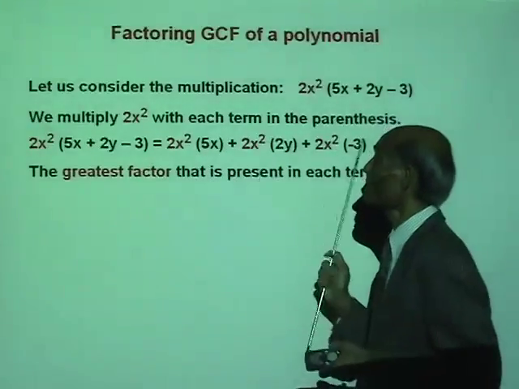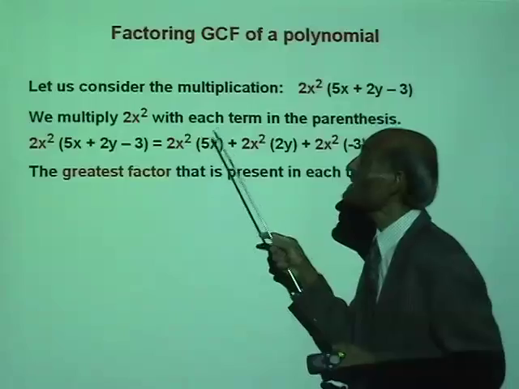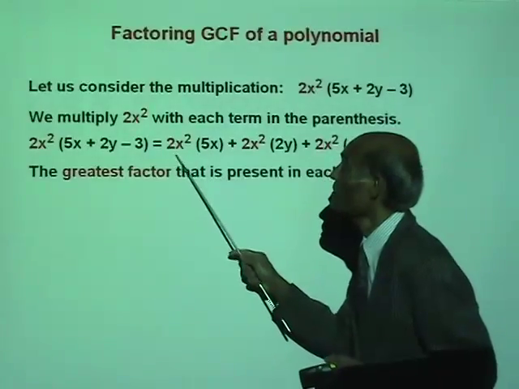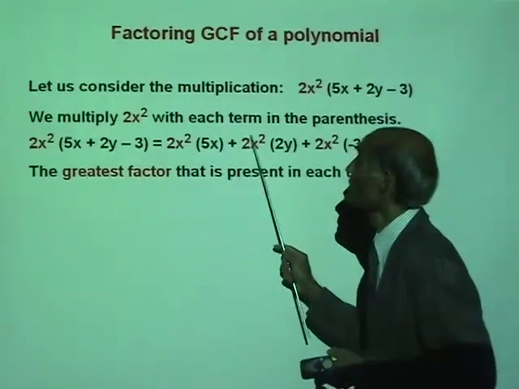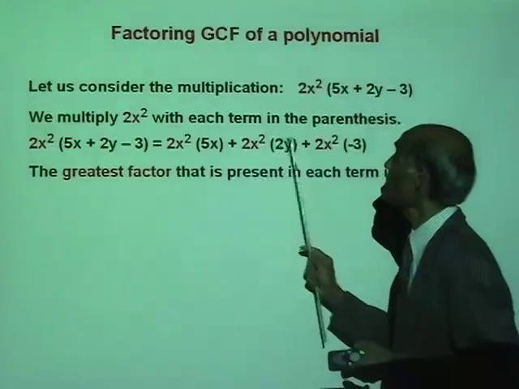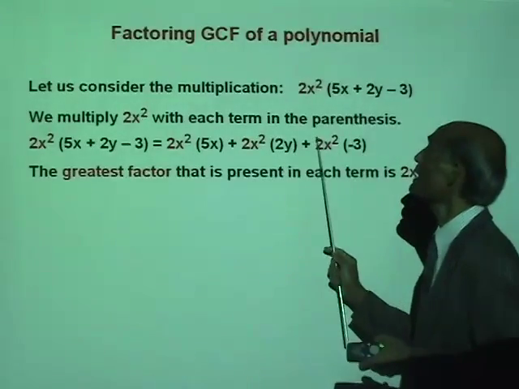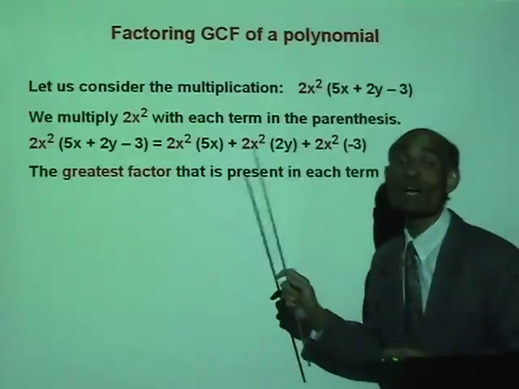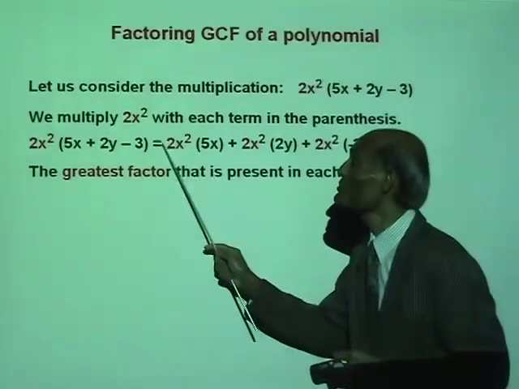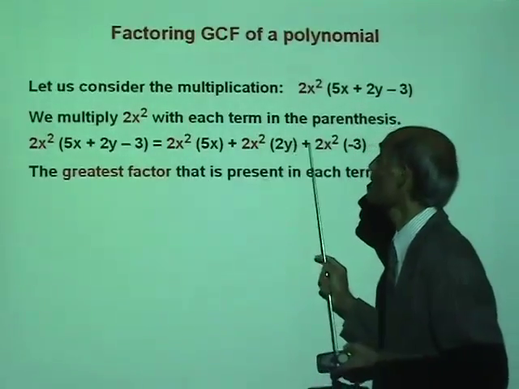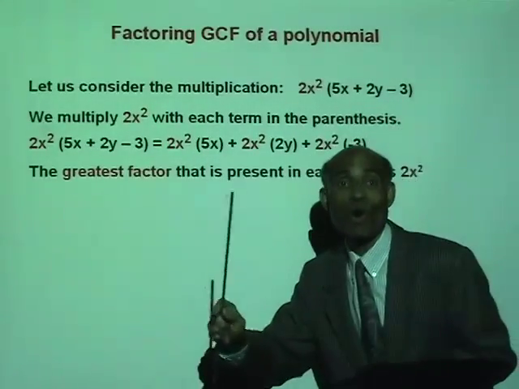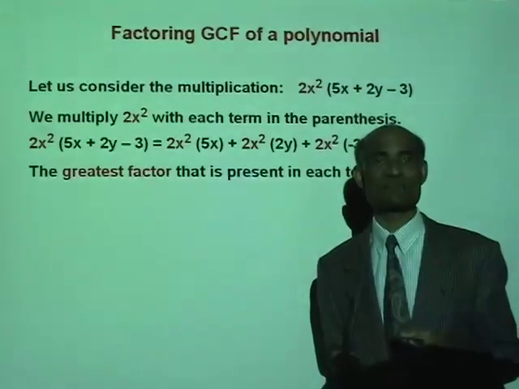Now, if you look at this, what is the greatest common factor? You see, this is the first term, this is the second term, and this is the third term. And if you look at these three terms, 2x squared is common in all those three terms.